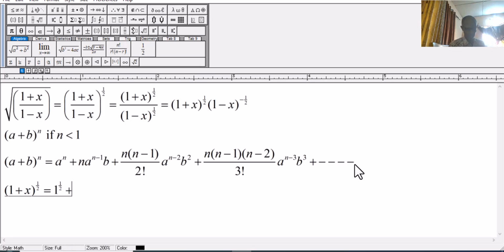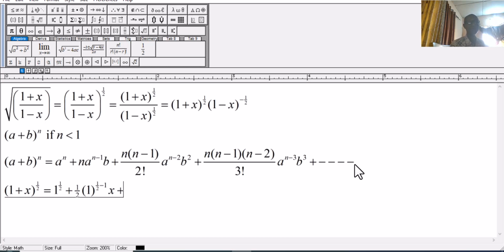I'm writing it so that you understand, I don't want to jump the steps. So next one, our n is half. So we have half, and then 1 raised to the power of half minus 1, then x.